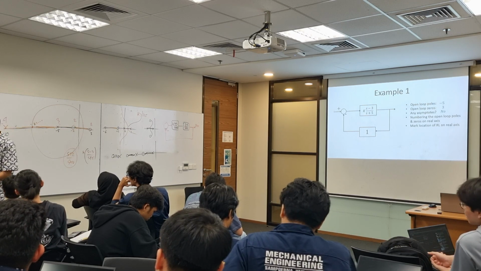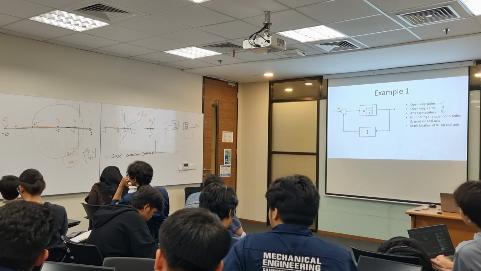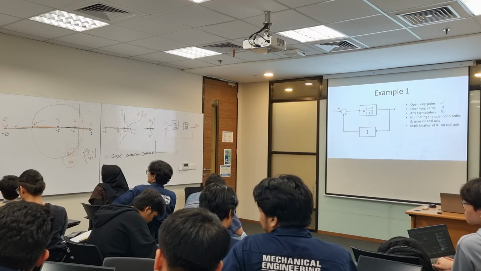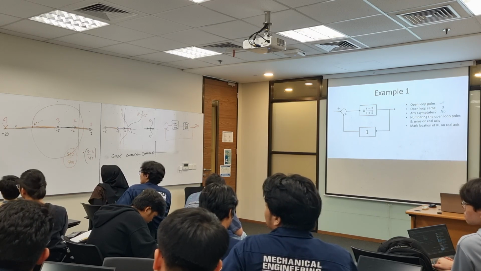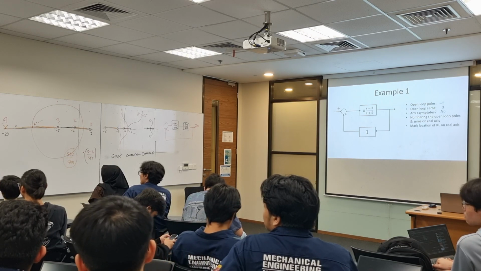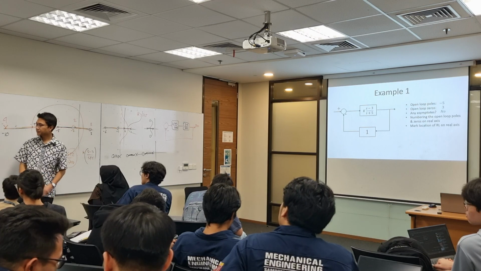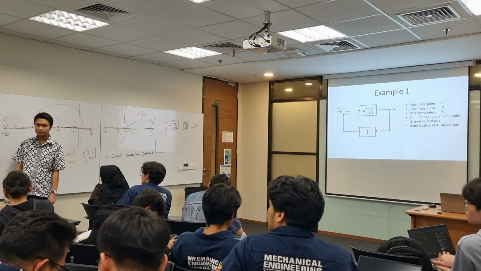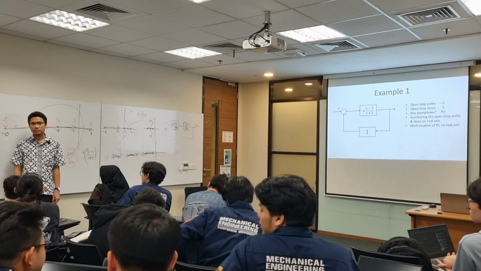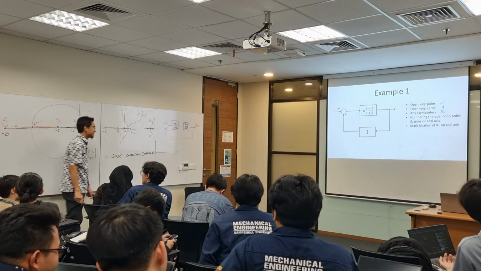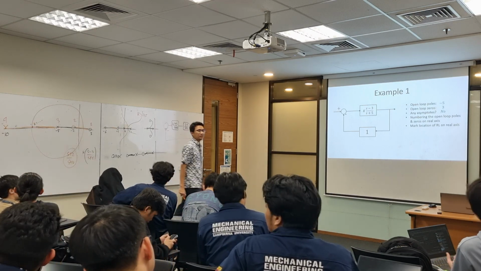Two poles and 1 zero is possible. So like this, this is number 1, 2, this is number 3. Two zeros and 1 pole is impossible.